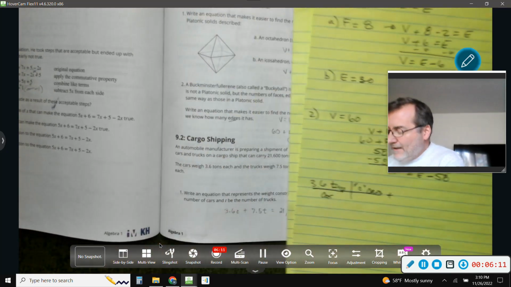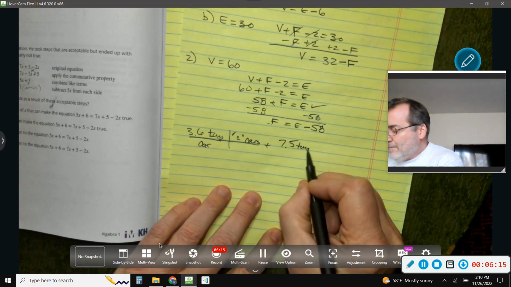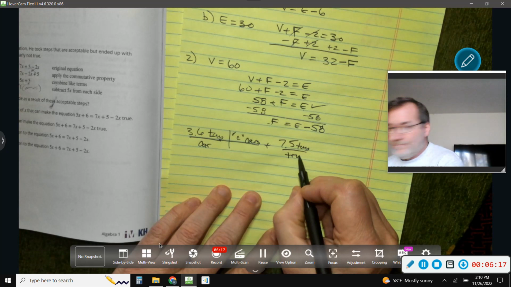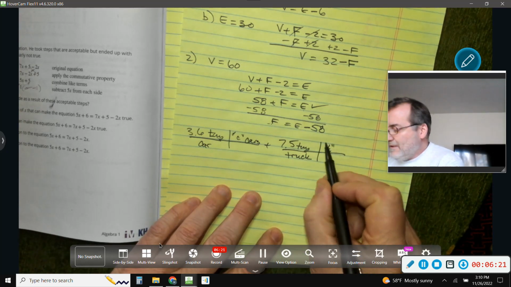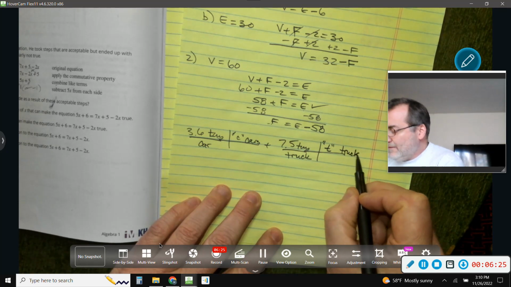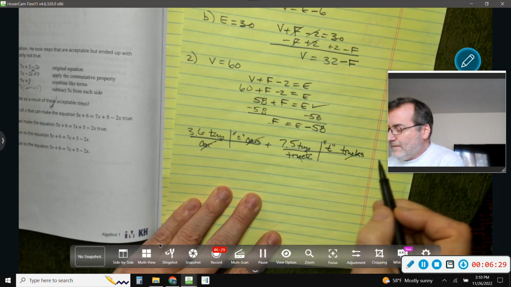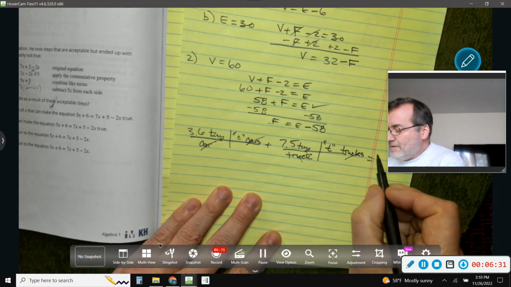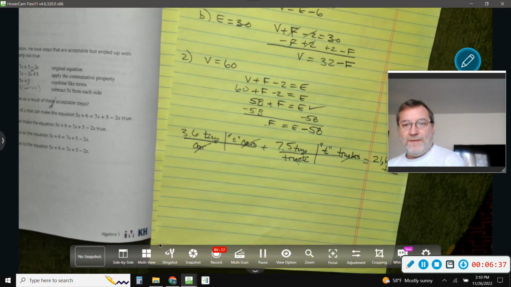And I'm going to add to that 7.5 tons per truck, and I'm going to multiply that times T trucks. And as you can see, the units will cancel, giving us just tons. And I know that the total is 21,600 tons. That's the most I can put on that ship.